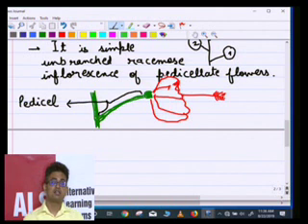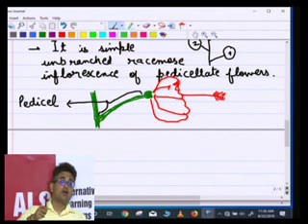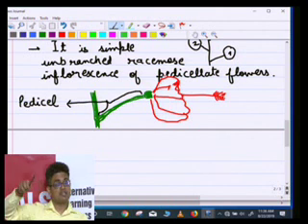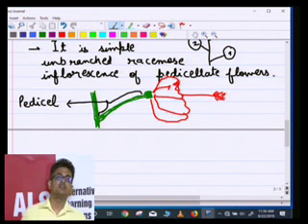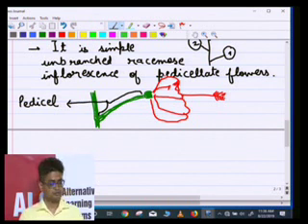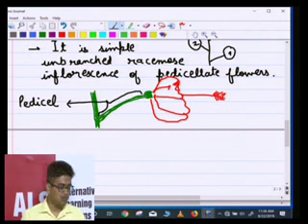This is called pedicel. The flower is attached by a stalk, a part of the stem, to the main plant or the axis, and this stalk is called pedicel. If pedicel is present, then these flowers are called stalked flowers or pedicellate flowers, and if pedicel is absent, such flowers are called sessile flowers. Okay.